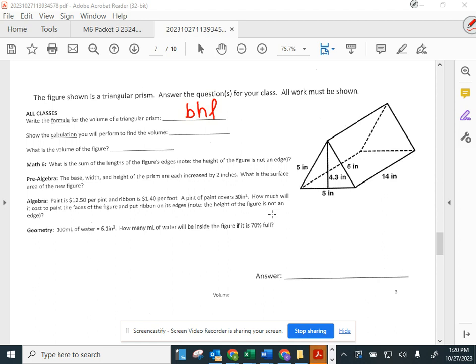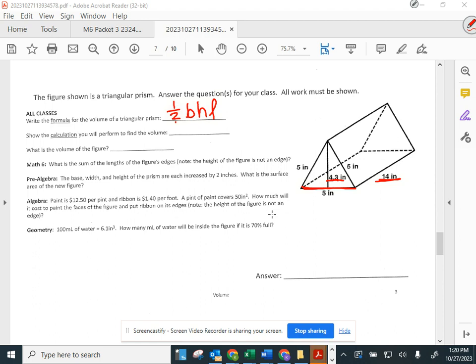What key thing do you think I have to do to it? Grace? Divide by 2 or multiply by 1/2. They mean the same thing. Okay, because it's not a full rectangle, so we can't just do length times width times height. We have to do the base times the height times the length and divide it by 2. Find the 1/2 of it.